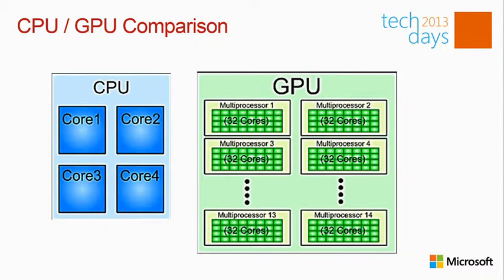Whereas a typical CPU would have 4 cores, GPUs typically have hundreds of cores. You're talking about a $100 graphics card on your machine. Very powerful, hundreds of cores available to you. They're very specific in terms of the kind of instructions that you can execute on them, but it can do massively parallel things.